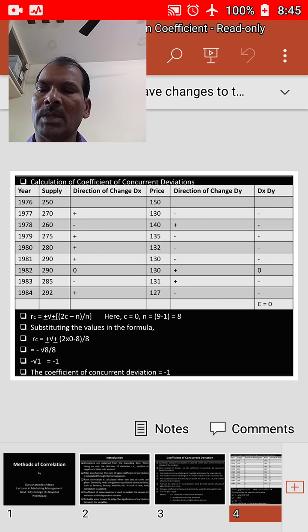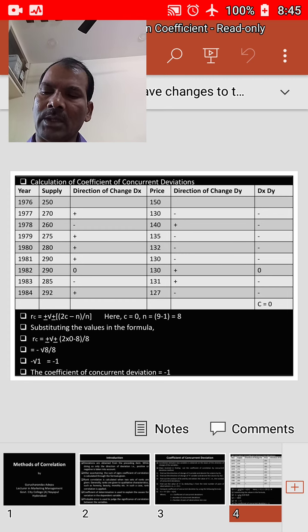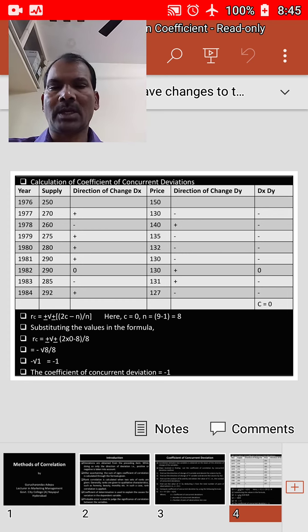Minus will be taken out, so rc is equal to minus under root 1, which is minus 1. The coefficient of concurrent deviations is minus 1.